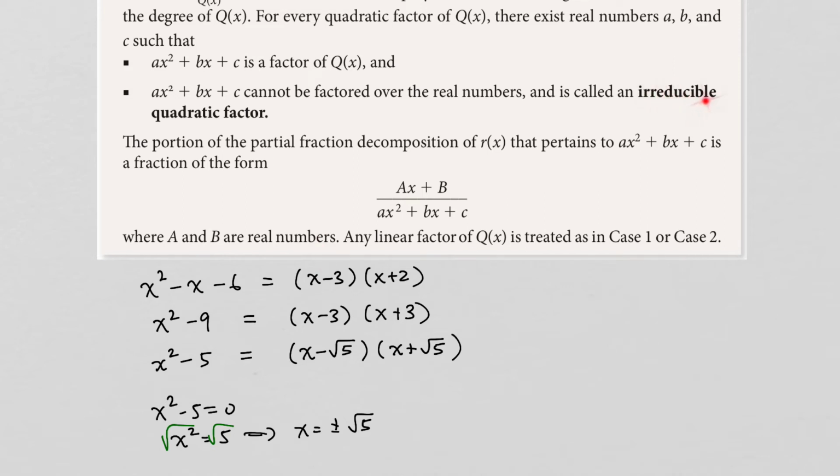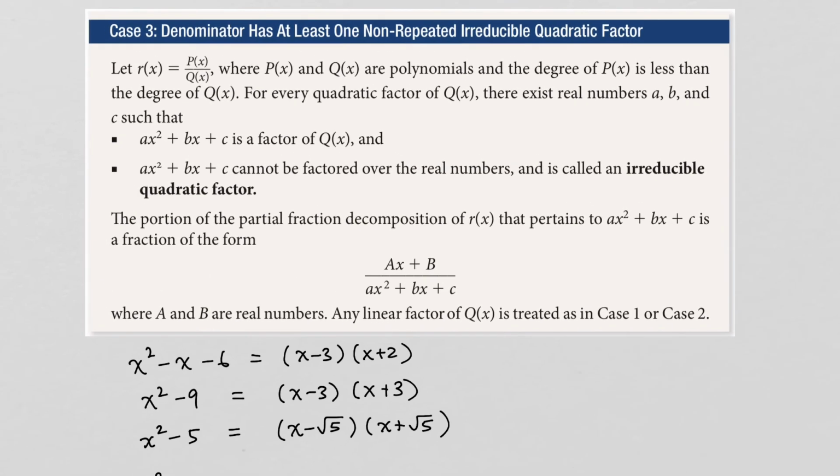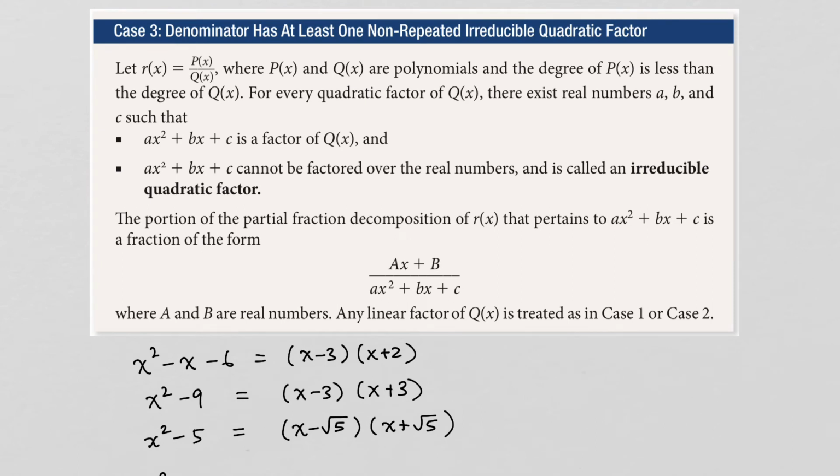So what does it mean to be irreducible? What it means is that the quadratic cannot be factored over the real numbers. So what it means for a quadratic factor to be irreducible is the zeros are non-real, right?